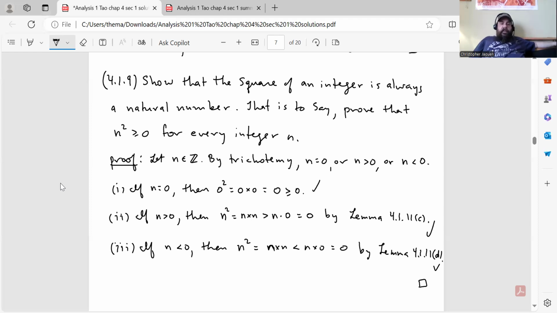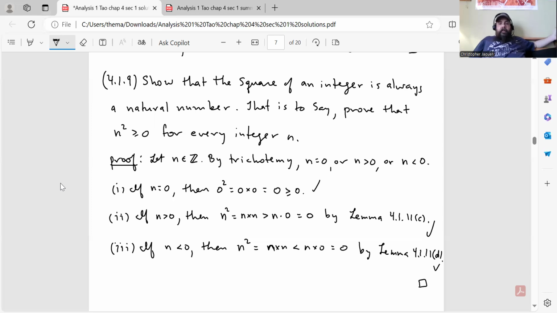Case 2, if n is greater than 0, then n squared is n times n, which is greater than n times 0, which is equal to 0. But that follows from lemma 4.1.11 part C. All right, and then the last case, if n is less than 0, then n squared is n times n, which is less than n times 0, which is 0.